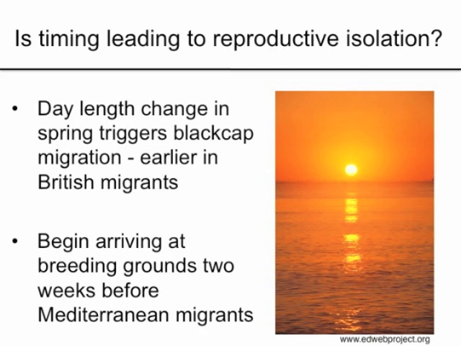So it's more likely for the British migrants to find mates among those migrating from the same location, and not wait for the latecomers. Therefore, by the time the Mediterranean migrants arrive, they're more likely to mate with other Mediterranean birds and not with the British birds that have been there for 2 weeks already establishing their mating rituals.